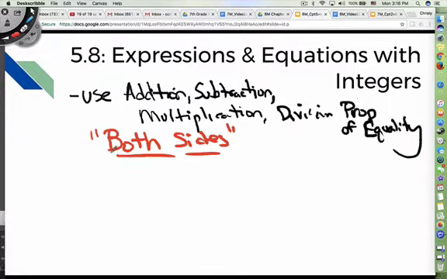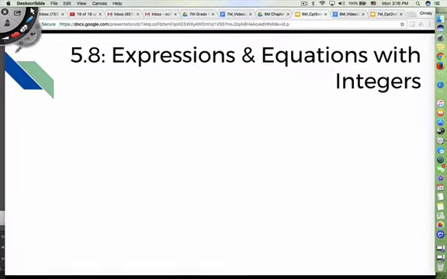Now, let's look at some problems. Problem number 1. We're going to work through problems just because you've done this before. Let's just see how we methodically do it from here on out. So we have something like 3 minus n is equal to negative 17. Crazy, huh?